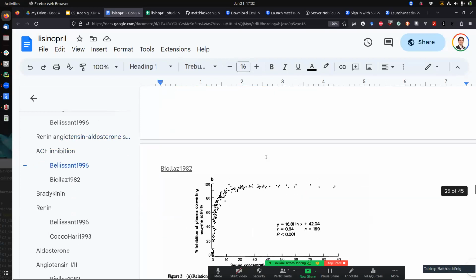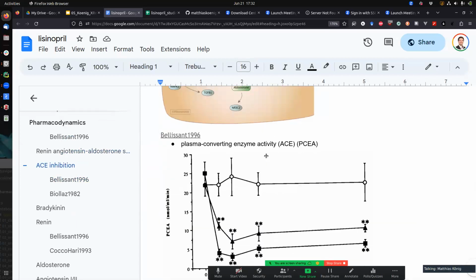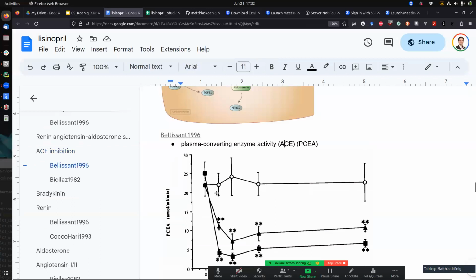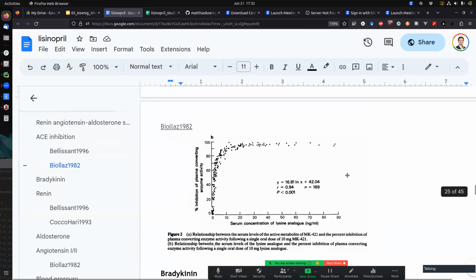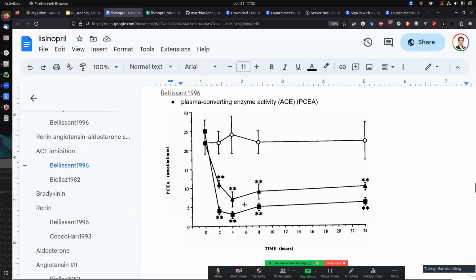Okay, so this looks pretty good. Like I said, if you look at more direct readouts, things are much nicer. For instance, if we really look at the inhibition of the ACE as a first readout, this is pretty clear, and we see a nice dose response. If you don't do anything, the ACE is not inhibited, and if you give the lisinopril in different doses, we see a clear dose response effect.